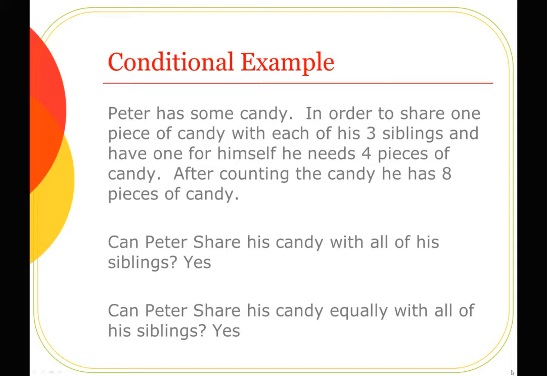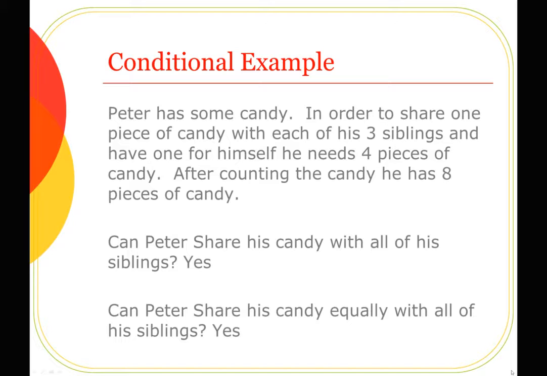So let's look at an example. Peter has some candy. In order to share one piece of candy with each of his 3 siblings and have one for himself, he needs 4 pieces of candy. After counting the candy, he has 8 pieces of candy. Can Peter share his candy with all of his siblings?